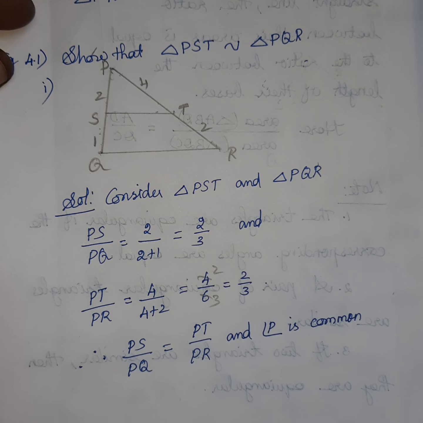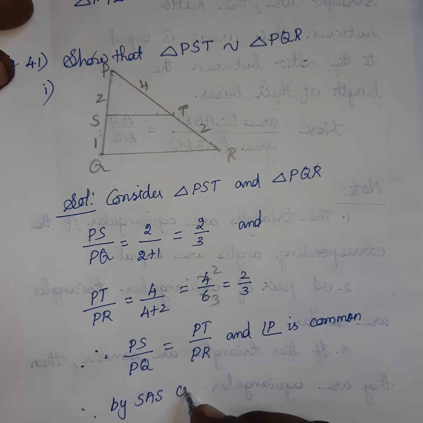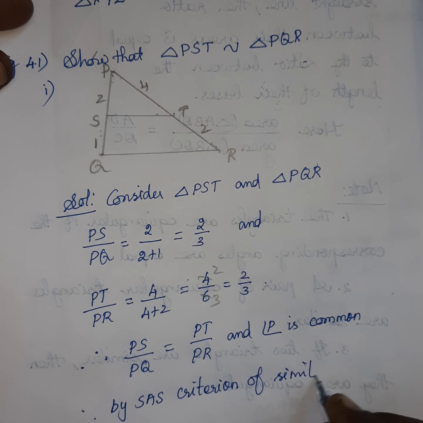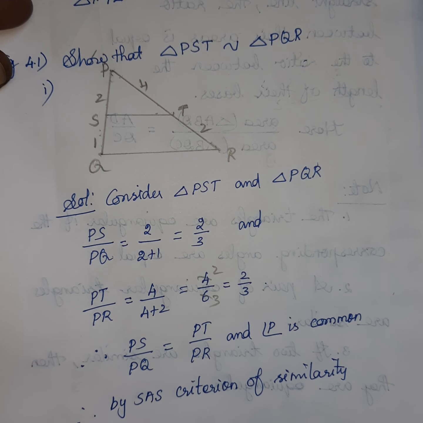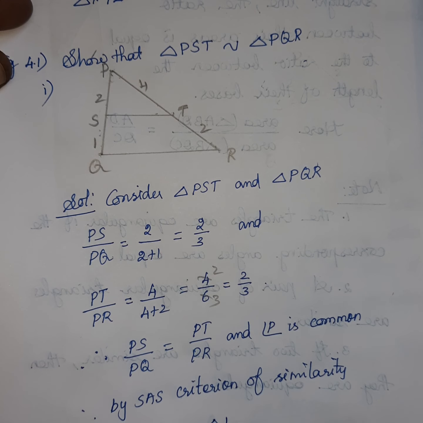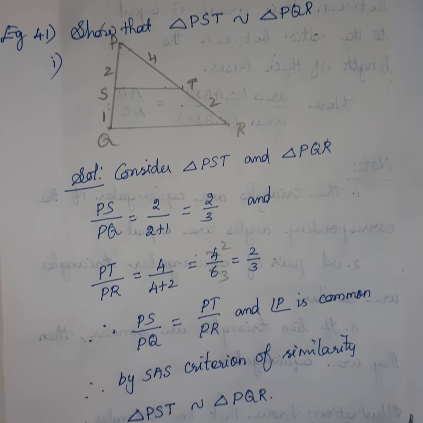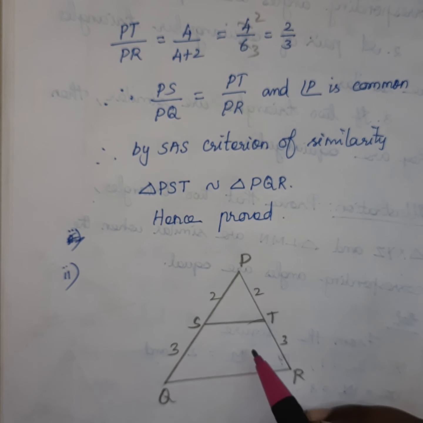Therefore, by SAS criterion of similarity, triangle PST is similar to triangle PQR. So the first question is over. Next we have to do the second question.